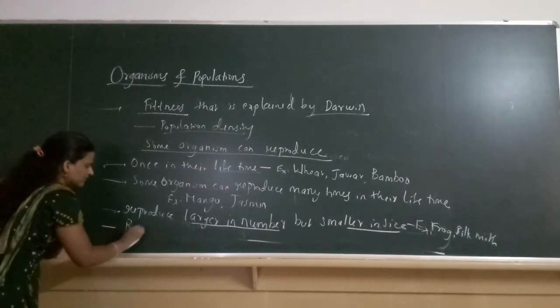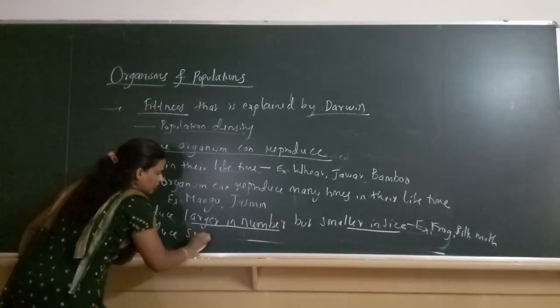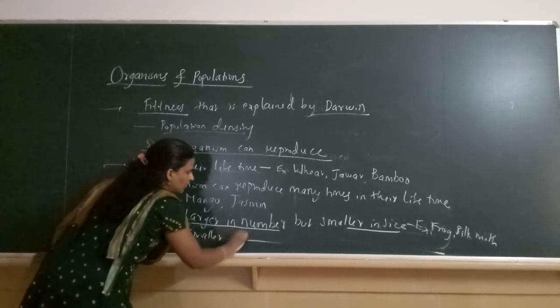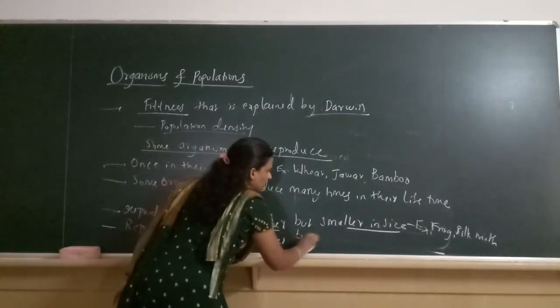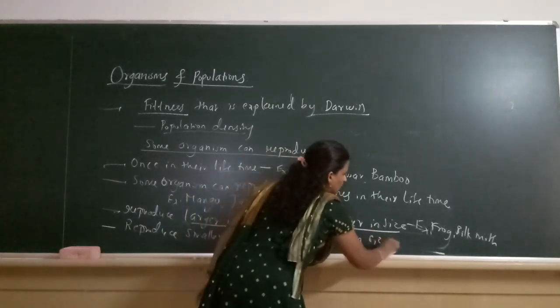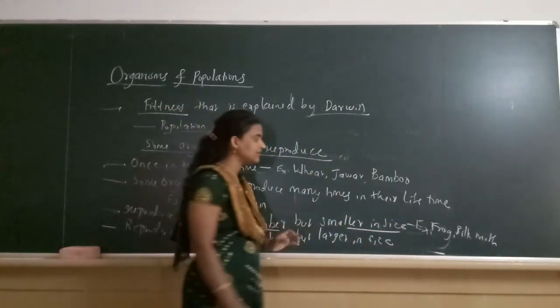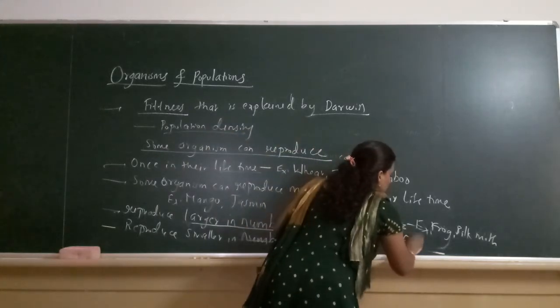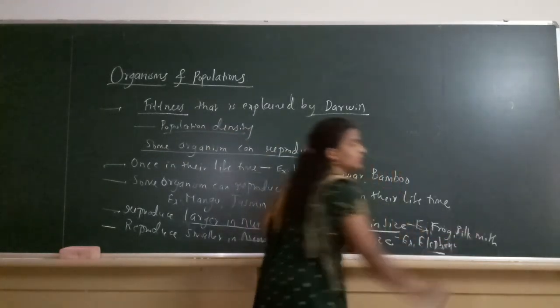And some organisms can reproduce smaller in number but larger in size. Their number is small, but their size is large. For example, what example can I give?